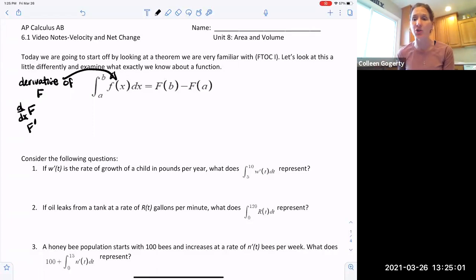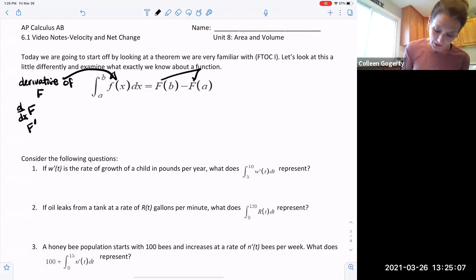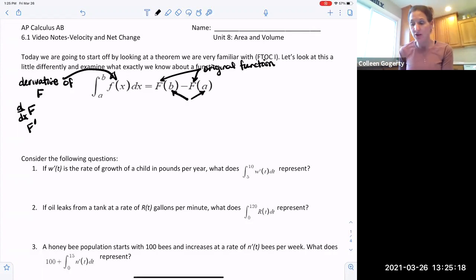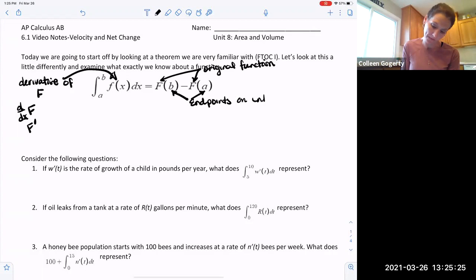But we have a rate of change. So we are integrating a rate of change, okay? Now, what we've also got going on over here, here's our original function. And we are integrating this function over the closed interval from a to b. So what are a and b? These are our endpoints on our interval.